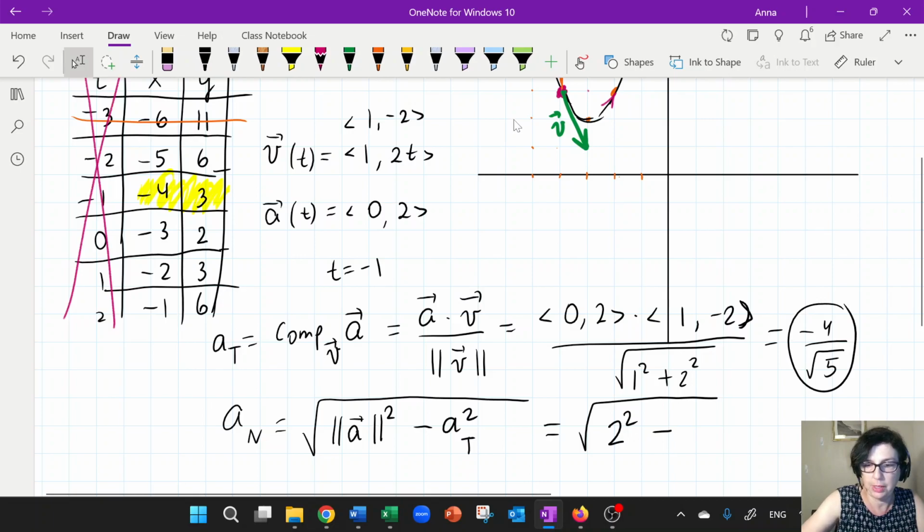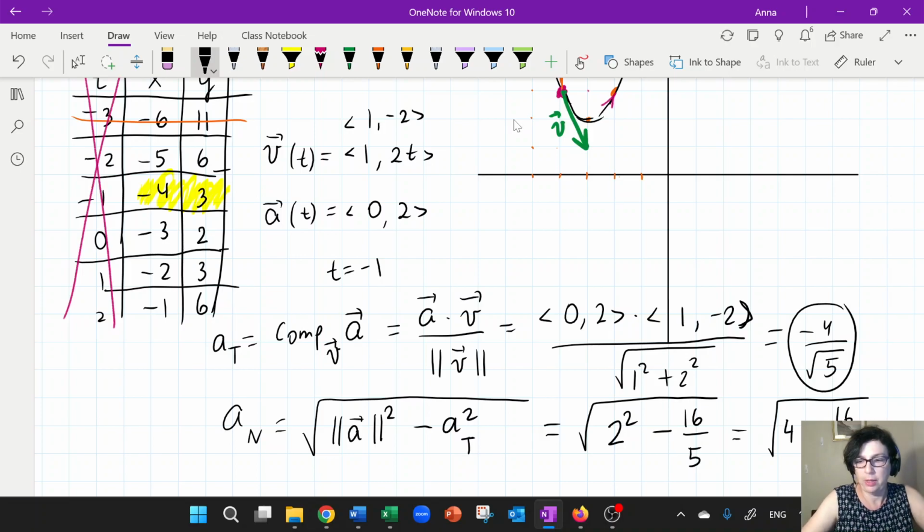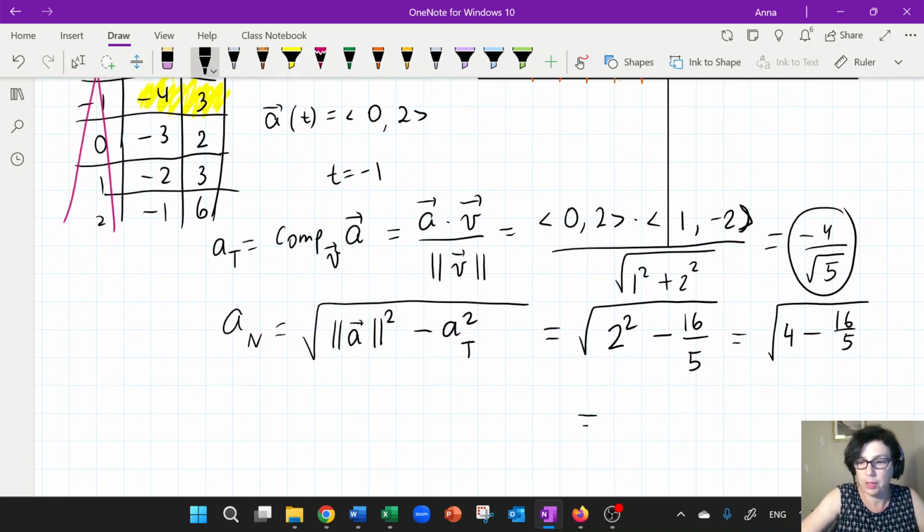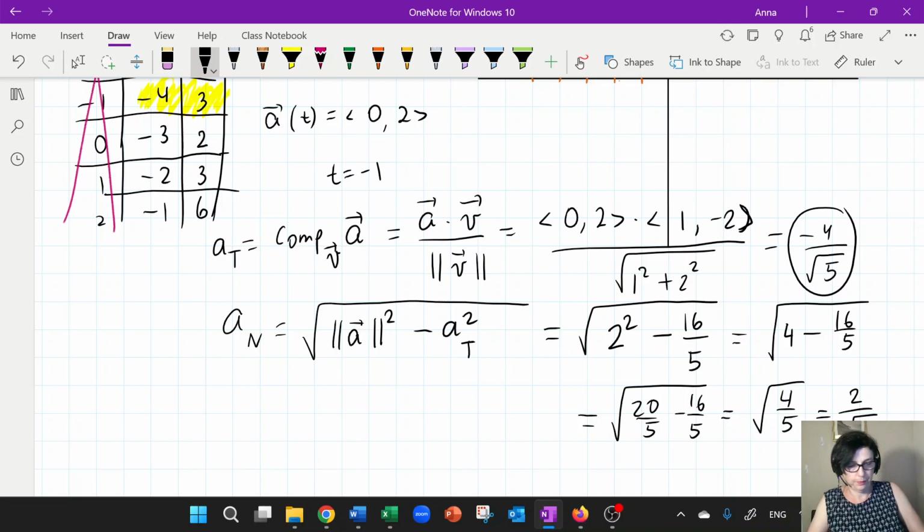Subtract whatever this thing is squared, so that will be 16 divided by 5. And just to make this a little bit nicer, let's simplify this. 4 is really the same thing as 20 divided by 5, so I'm bringing that to the common denominator. That will become the square root of 4/5. If I take the square root, that'll become 2 divided by square root of 5.